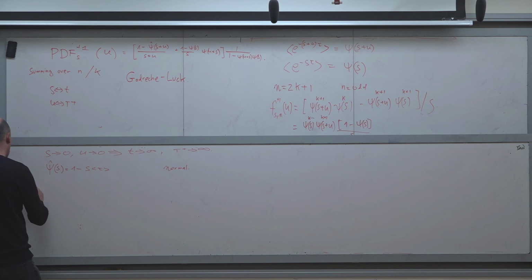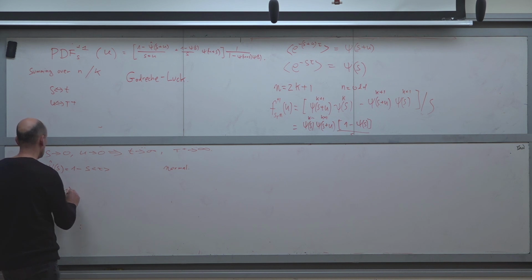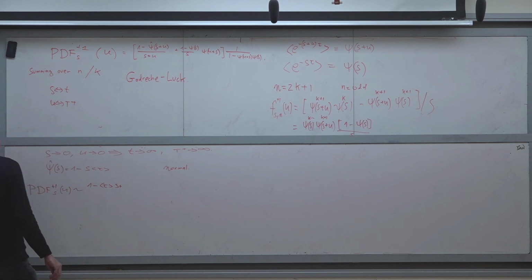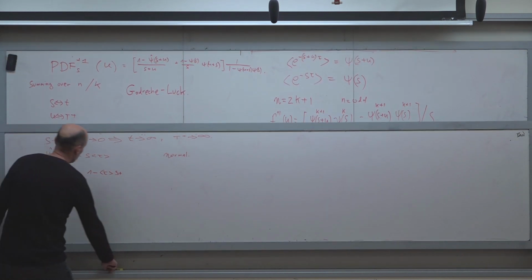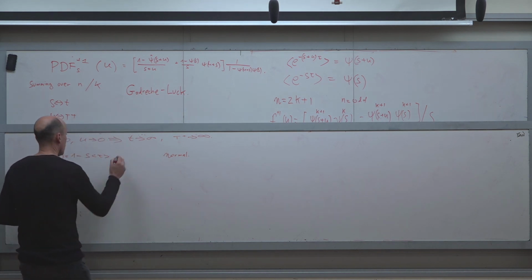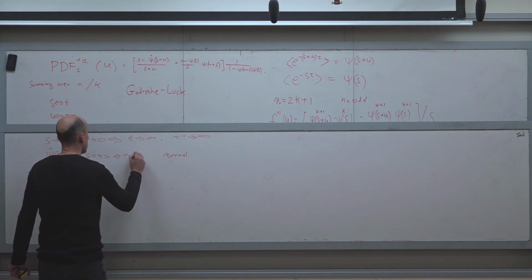So I use this PDF. I started at 1 and I said it's not so important, s, u. I simply take the expansion. So I take 1 minus tau average times s plus u. Just plugging it in here. So 1 minus psi of s is s times average tau.